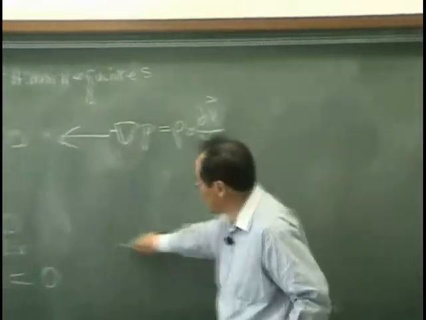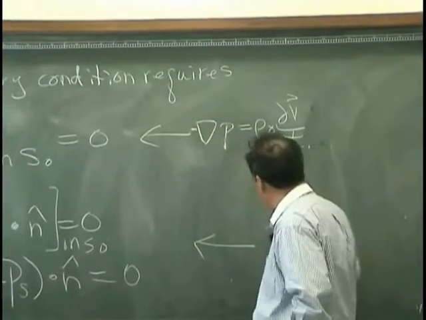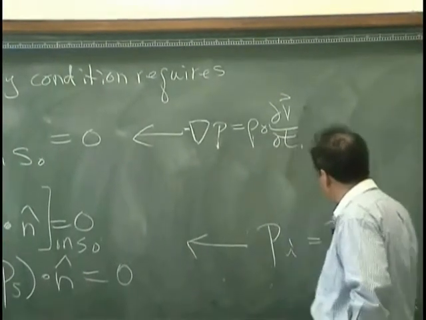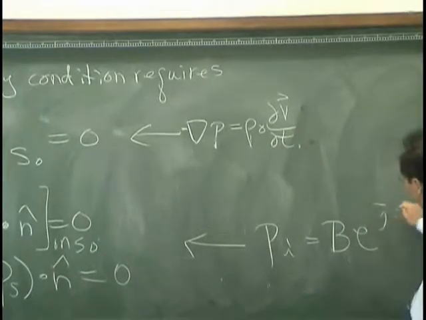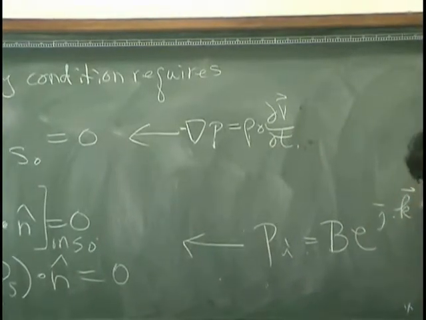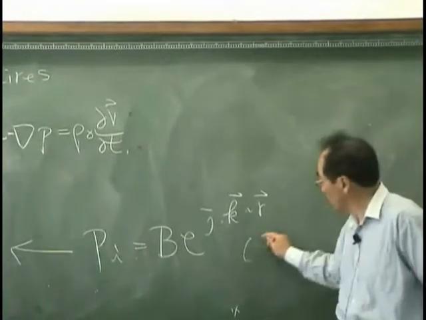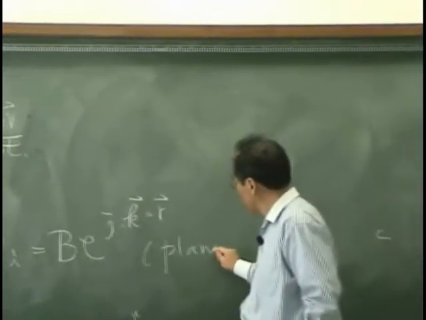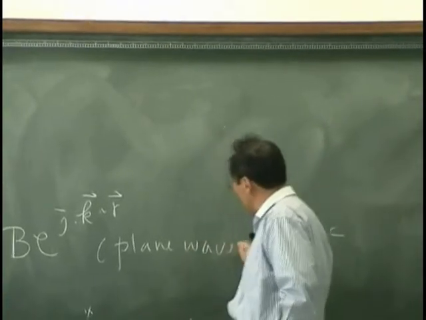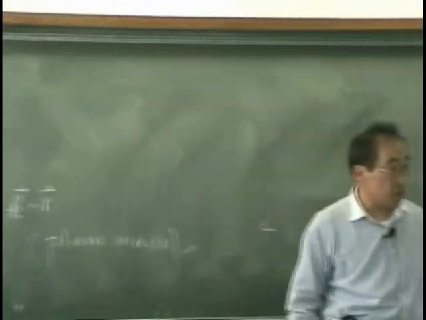And note that Pi is assumed to have magnitude B and exponential of minus jk dot r, so it's a plane wave, propagating in which direction? The K direction.